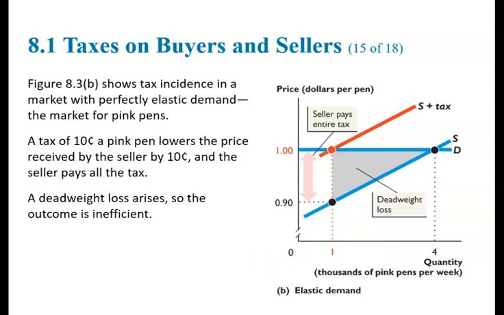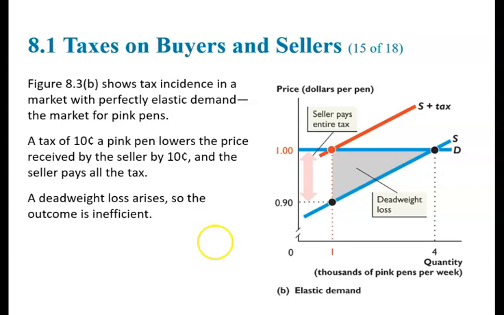Now let's see how things change when we take a look at the case of perfectly elastic demand. So this is the case of a market for pink pens. So why will the market for pink pens have an elastic demand? It simply means that it really does not add much value if you are using pink pens or black pens or green pens.